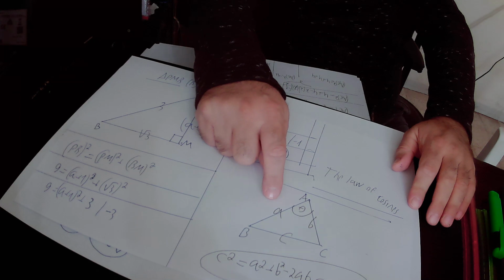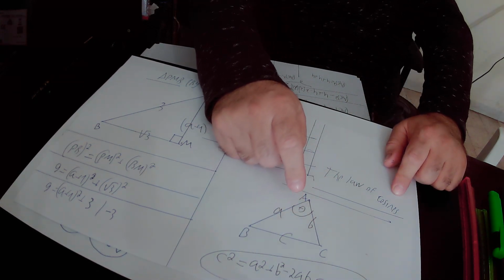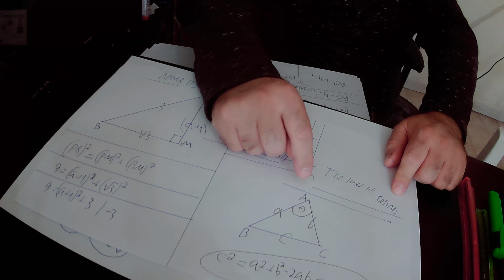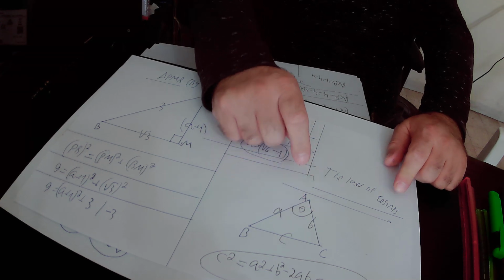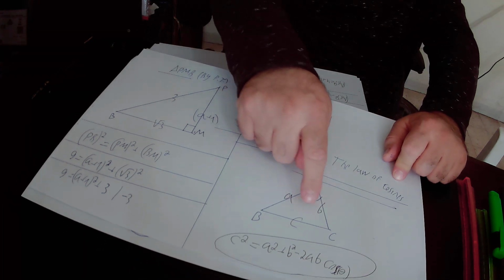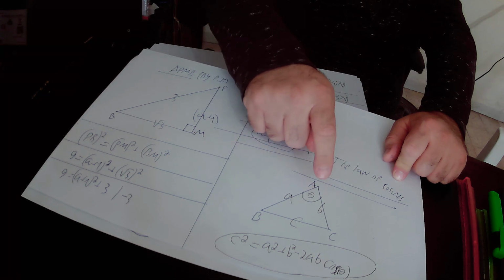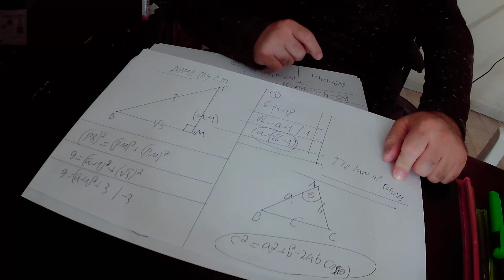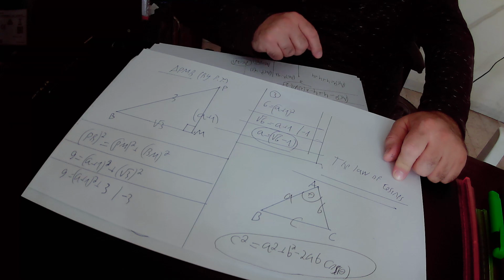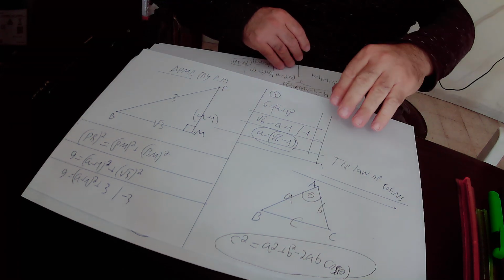Side AB equals C units, side AC equals B units in its length, and side BC equals A units in its length. And the angle between side AB and side AC is theta. Then, according to the law of cosines, we will get that C square equals A square plus B square minus 2 times A times B times cosine theta. So we actually can implement this law in our triangle ABC.